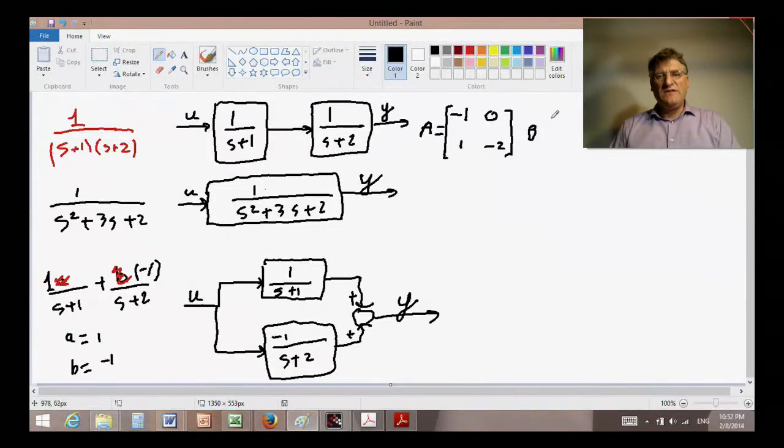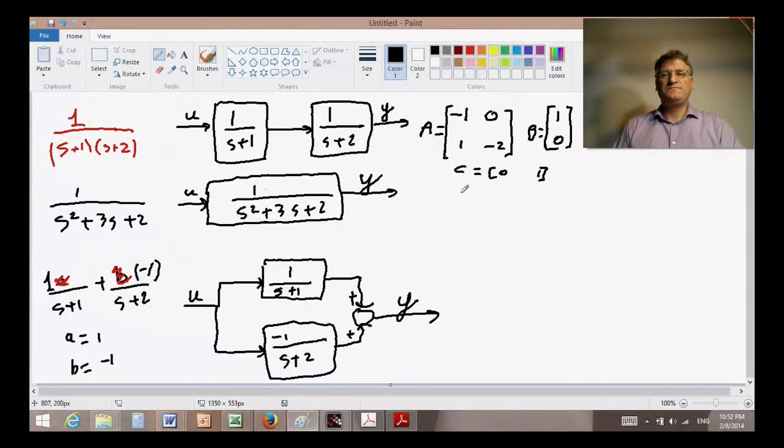B is equal to 1, 0, and C is equal to 0, 1, as we have seen in the previous page.